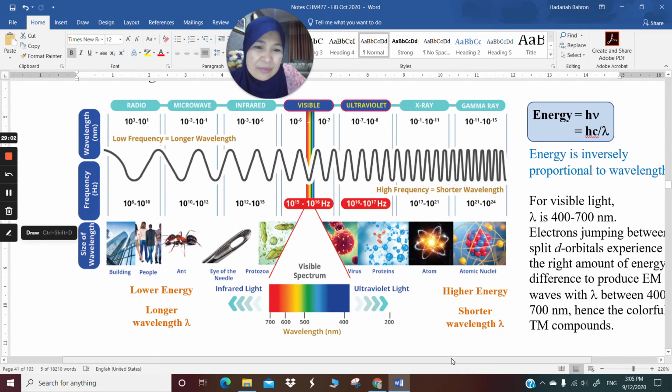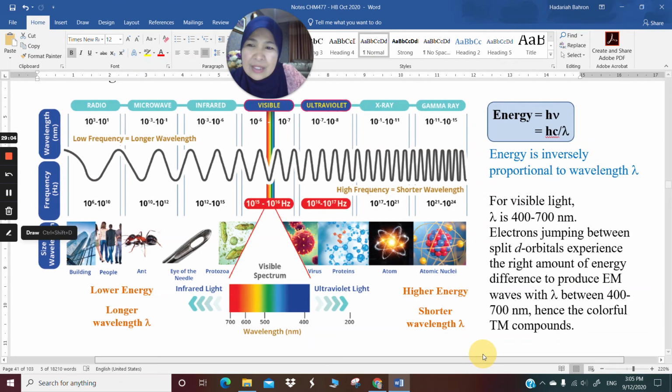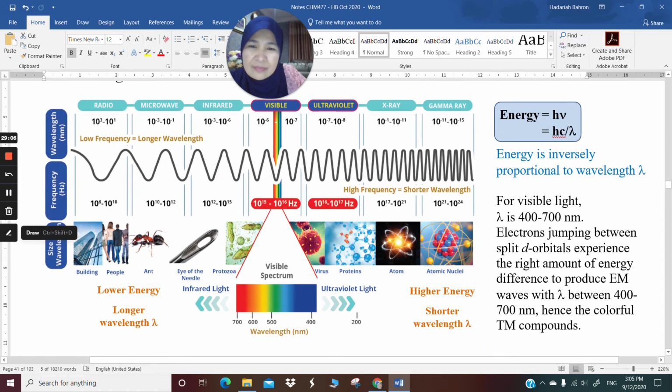Okay, so if you want to see colors, this is the spectrum of electromagnetic waves. We start from the radio frequency, microwave frequency, infrared, visible light, ultraviolet, X-ray, and gamma ray.